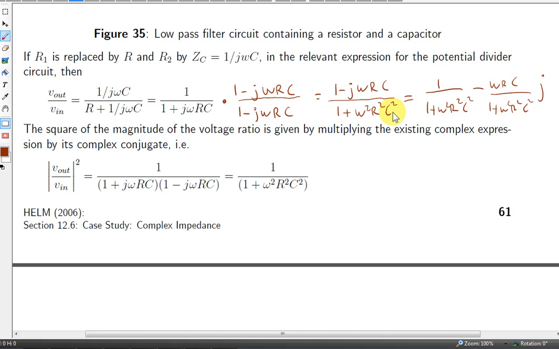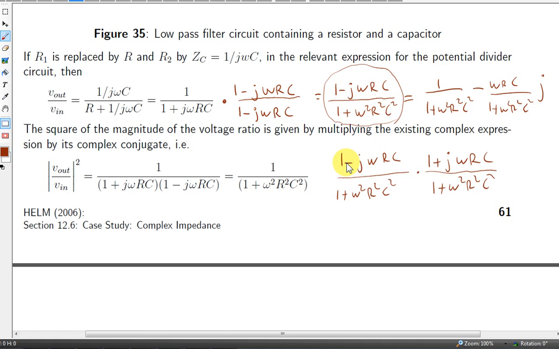So that's V out over V in, and we have to multiply it by its complex conjugate. So we just change the sign of the imaginary part, change this minus to a plus. So this number here is the complex conjugate. Multiplying the numerators, we're just squaring the modulus of this complex number.